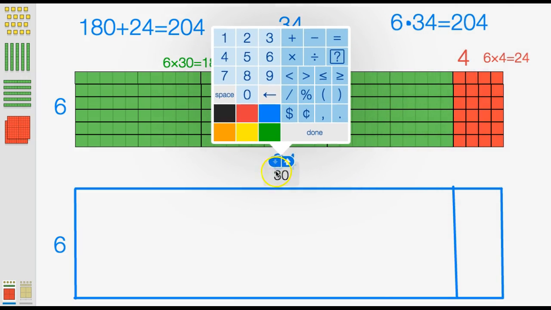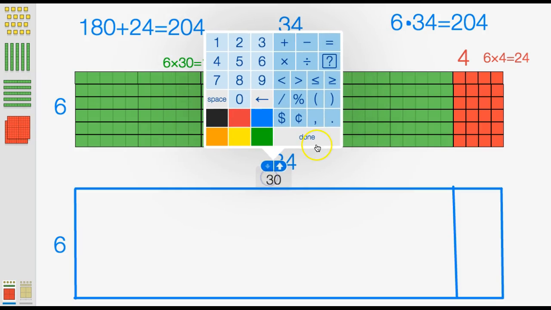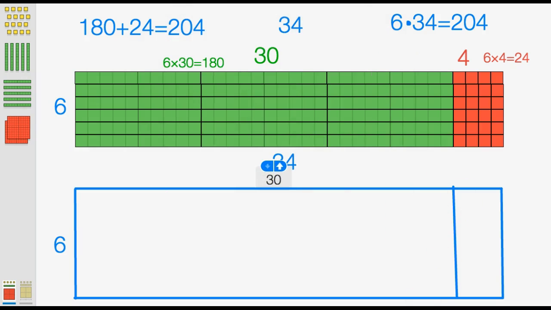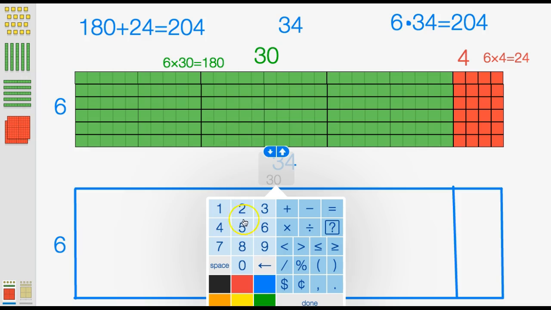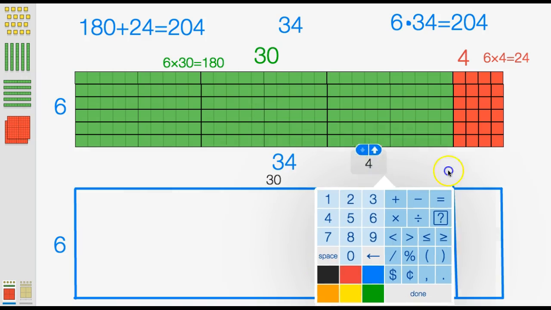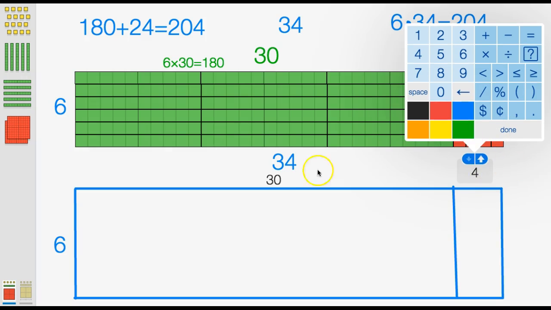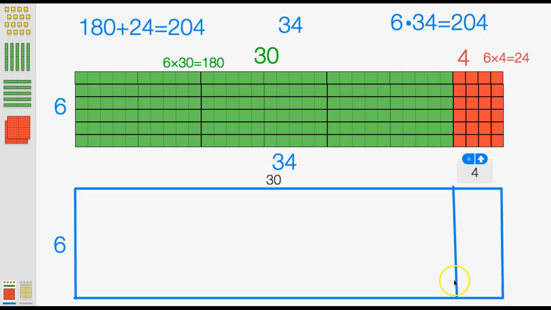And let me make it a tiny bit smaller. We have 30 here. And then I have 4 in the other section because we decomposed it into 30 plus 4. See, we still have 34. It's 30 plus 4.